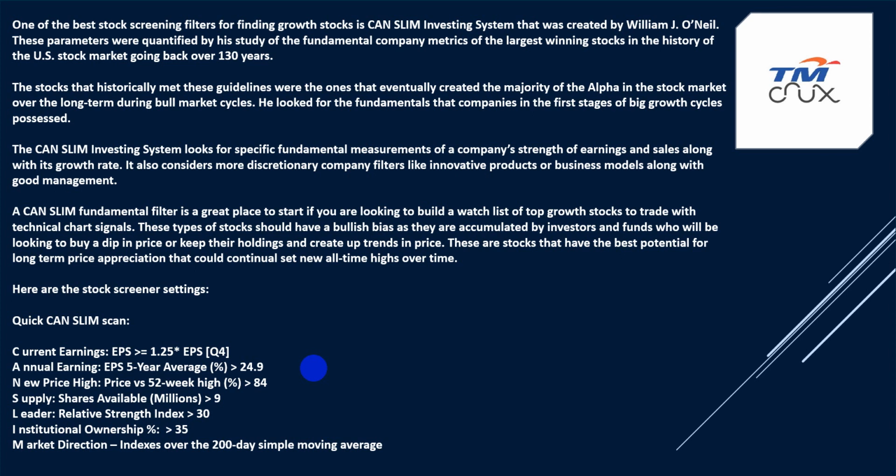You should be trading a stock which is within about 15% of its 52-week high. There should be good supply available, the stock should be a leader in its segment, with good relative strength right now. It should also have good holding by promoters, and institutions should be holding this particular stock.